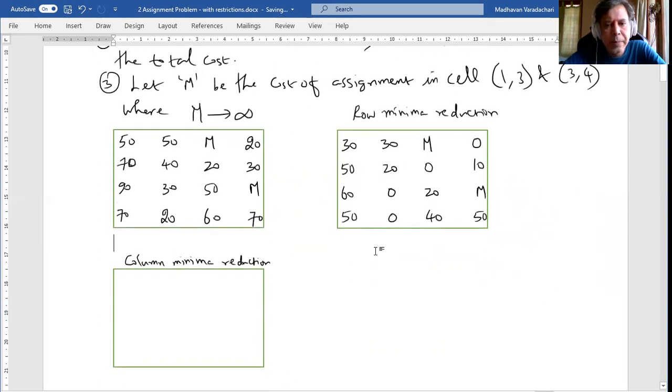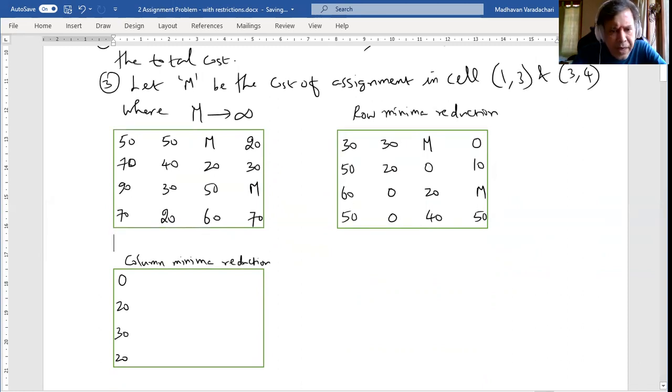Right. So here, for every column we will do the same exercise that we did for rows. The second, third and fourth columns already have a 0, so even if I do a reduction, it won't change. Only the first column will change. In the first column, the least is 30. That means this will become 30 minus 30, which is 0. 50 minus 30 is 20. 60 minus 30 is 30. 50 minus 30 is 20.